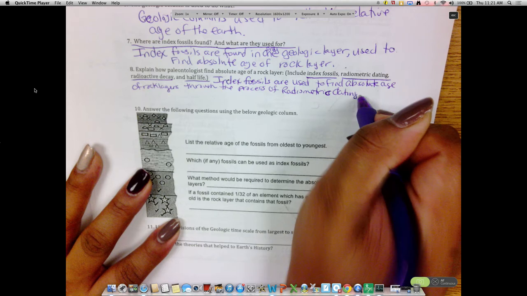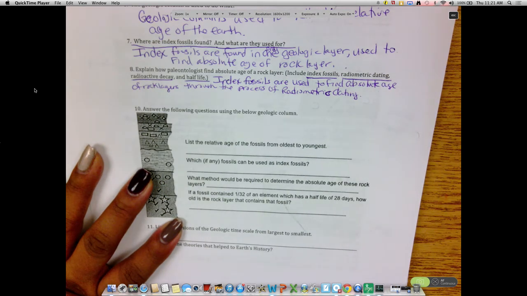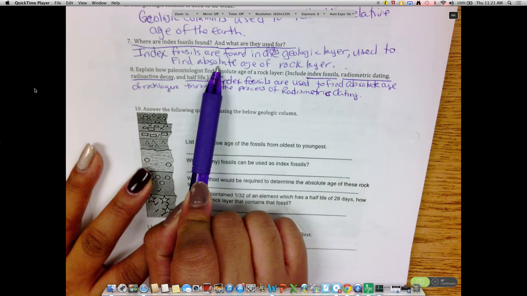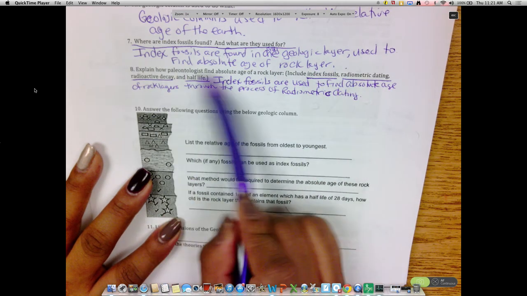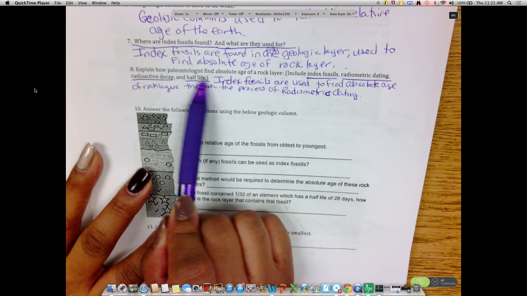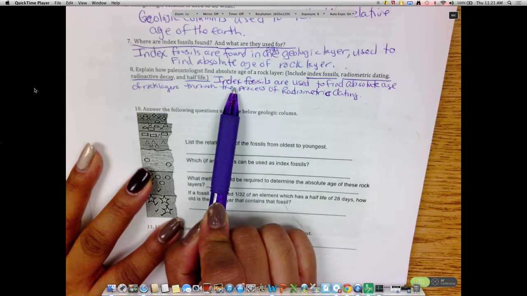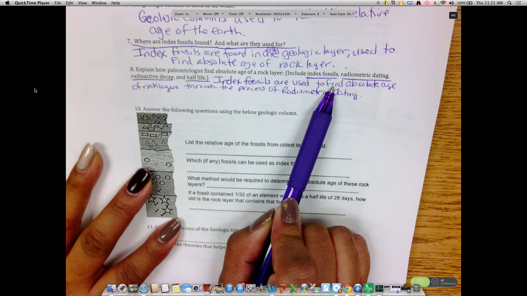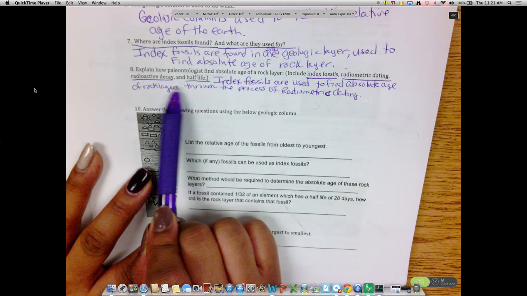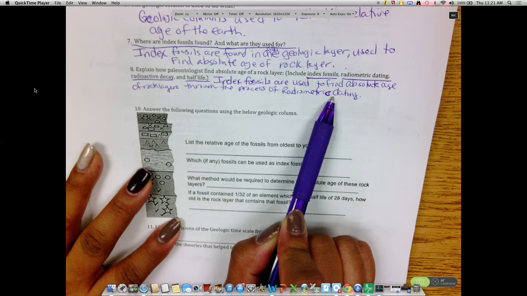That is not the definition, Duran. The definition is index fossils are found in one layer, used to find the absolute age of rock layers. Now we're breaking down how this is done. We know we use index fossils to find absolute age, and those index fossils are used during the process of radiometric dating.